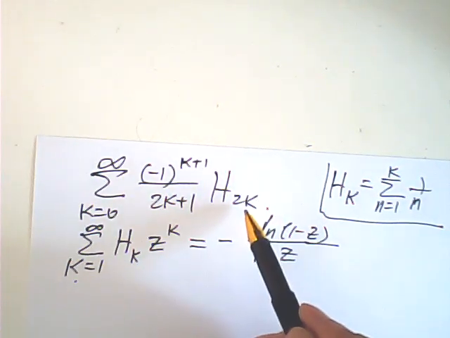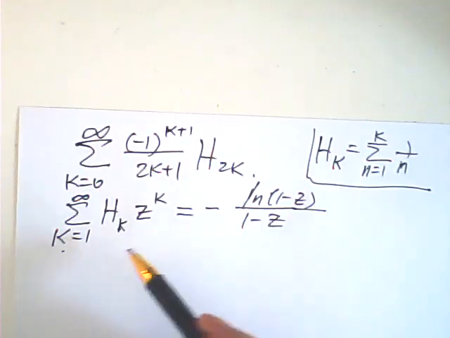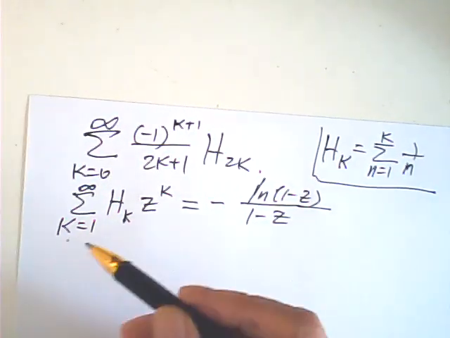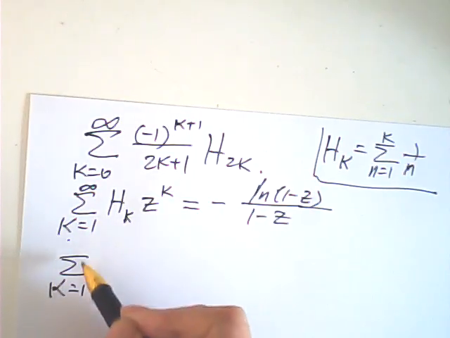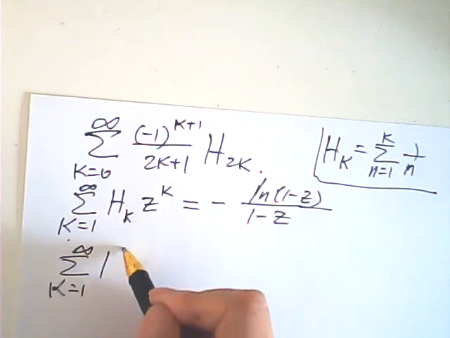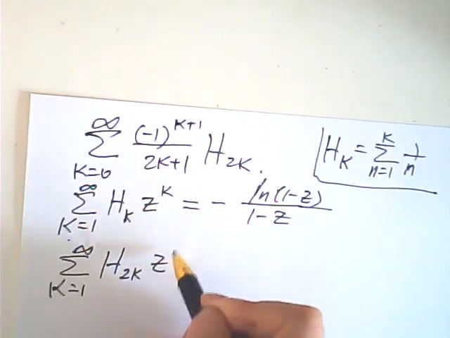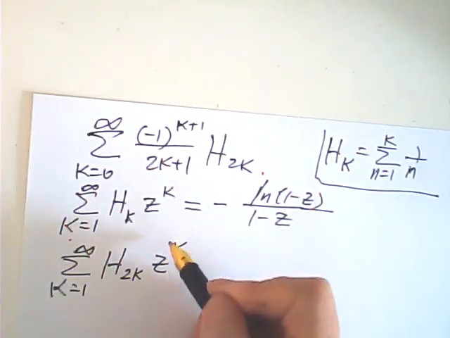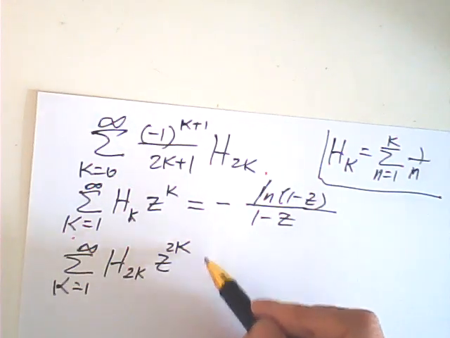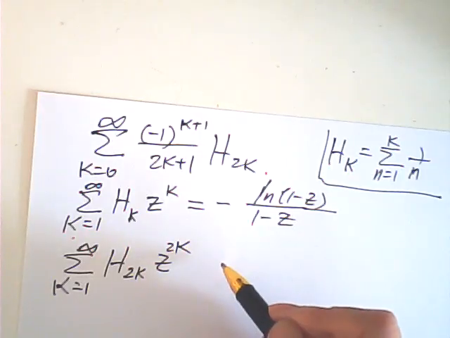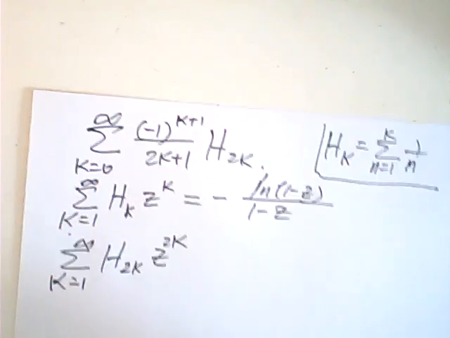Now, I want H_2k, not H_k, with z to the 2k. Well, what to do?